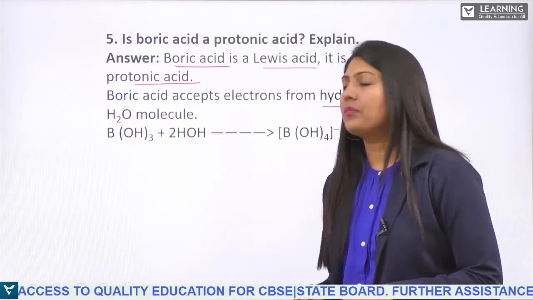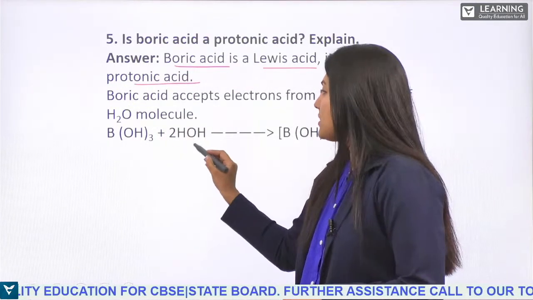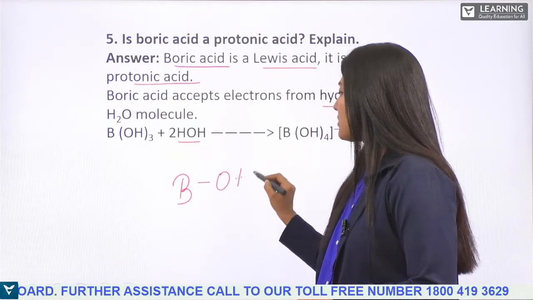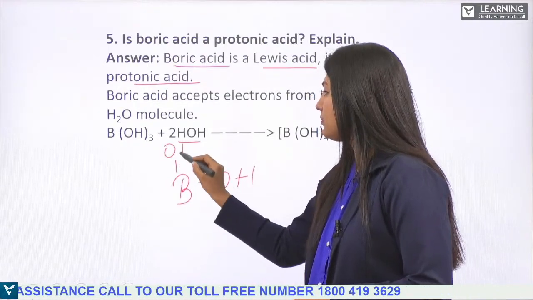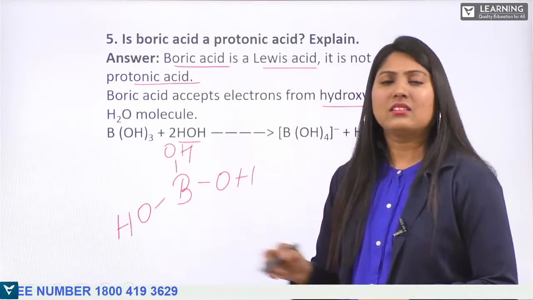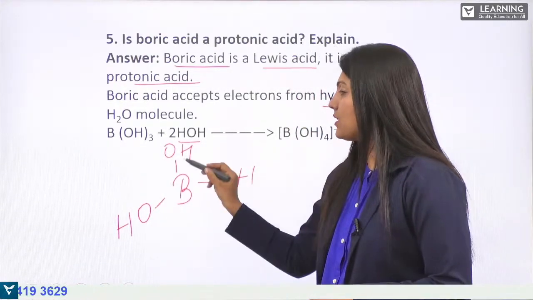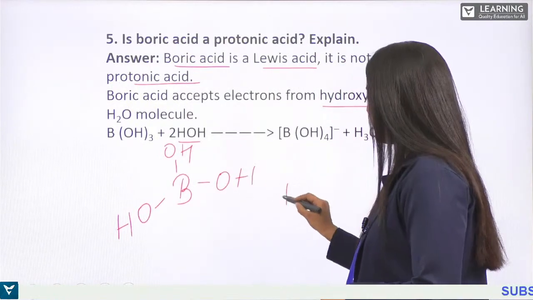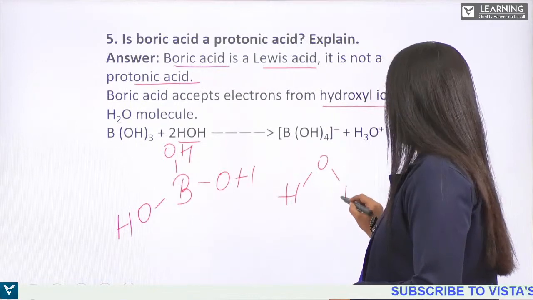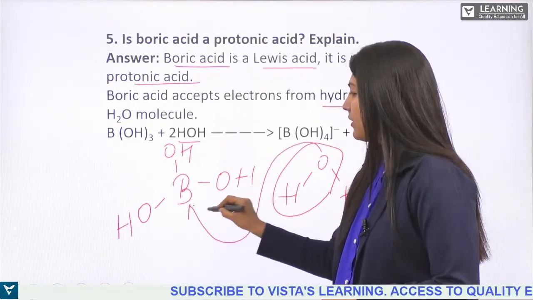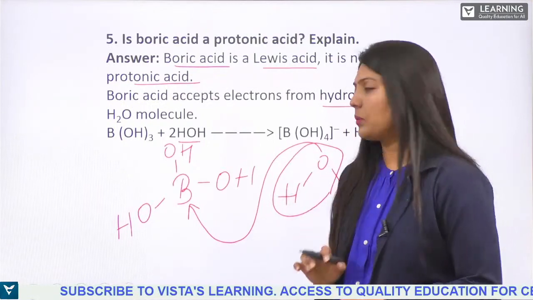It accepts the OH minus ions. So if you have B(OH)3, it still has a deficiency in electrons, with 6 electrons. So what happens? The water molecule has OH, and this O will come and attack here because it gives the lone pair of electrons.